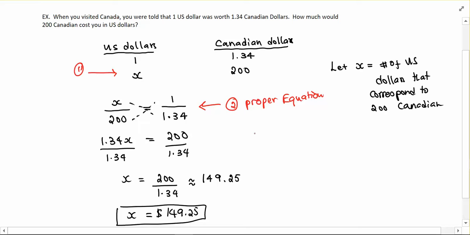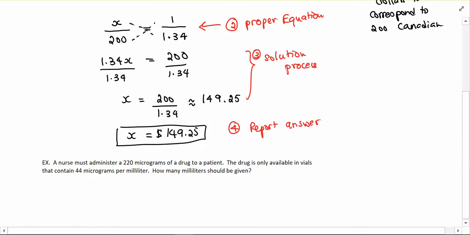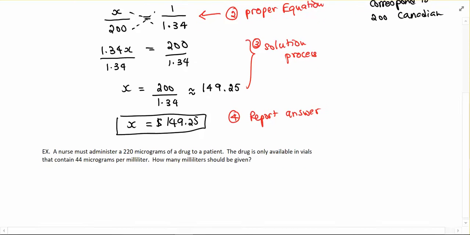Number three, I look for the solution process. And number four, I look to see if you've reported the answer. Okay, so let's go through another example, and we'll make sure we follow those 4 steps.